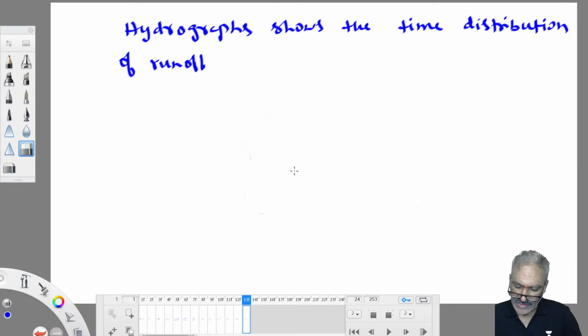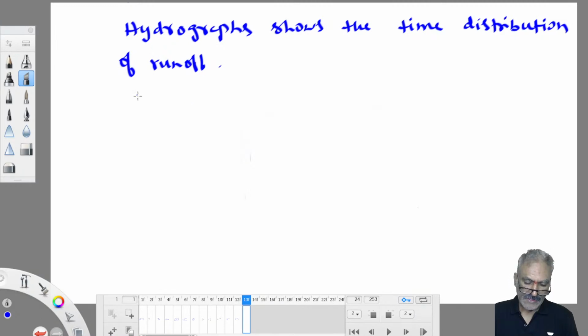That's what we try to measure with the help of the hydrograph. Okay, what do you call this? I forgot the name. Okay, leave it. Time distribution of runoff. So it is a response of a catchment for a given rainfall.